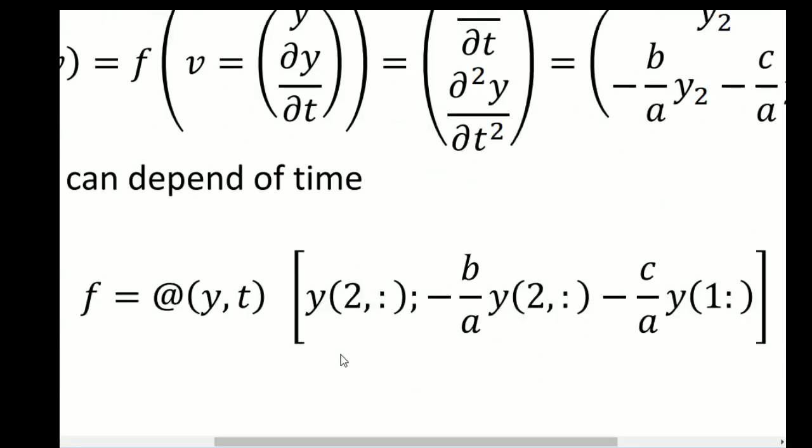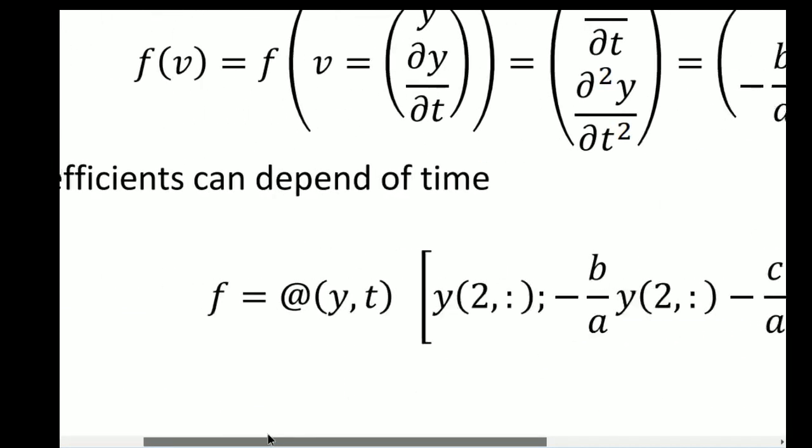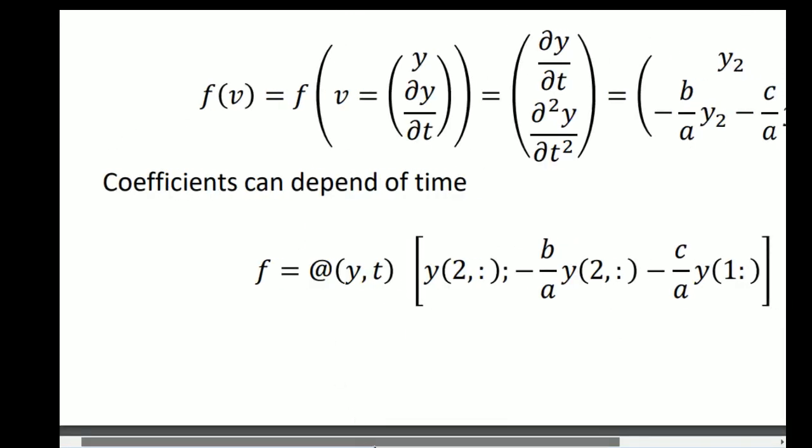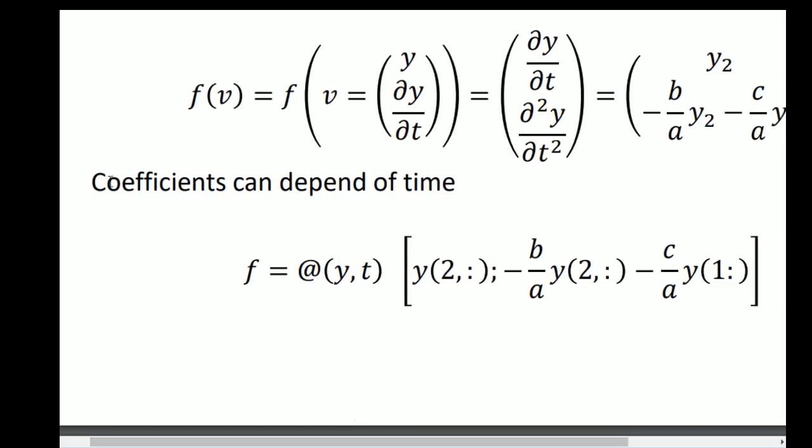Also, as I mentioned here, nothing constrains it to be a function of constants, because you can also have functions that depend on time in different problems. So instead of c, you can have cos t times y1.